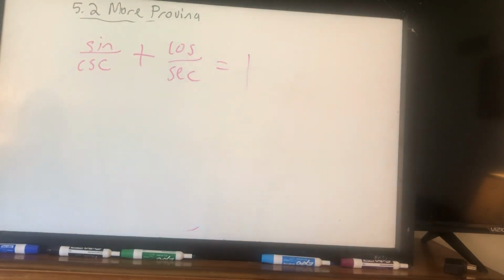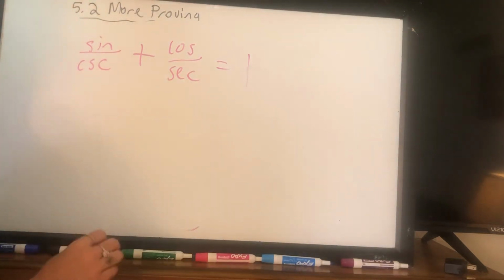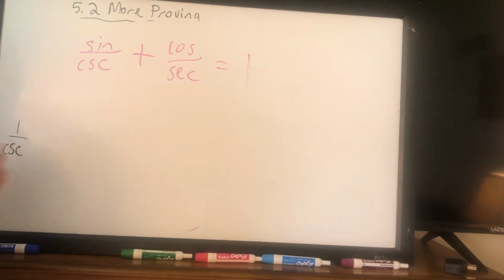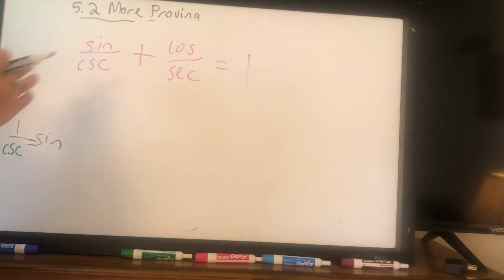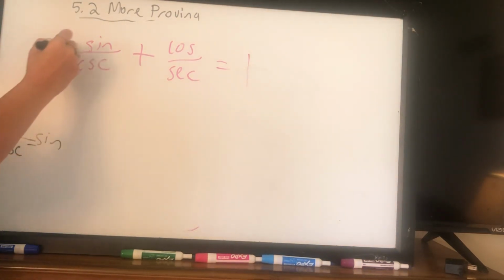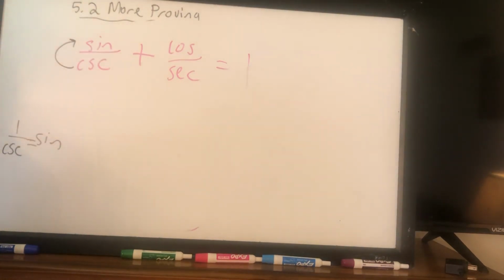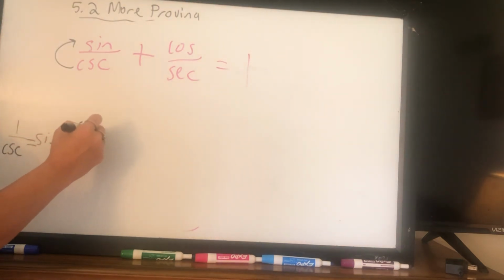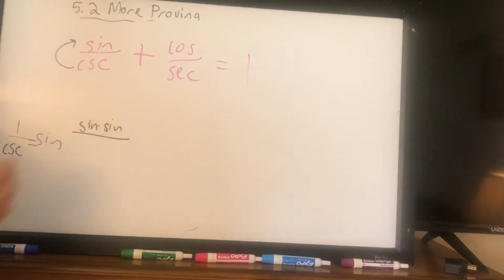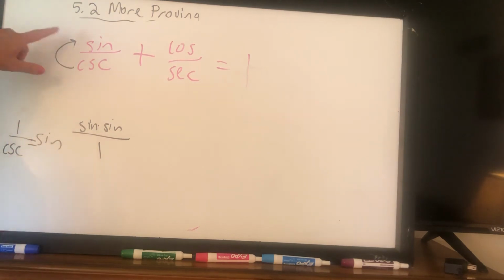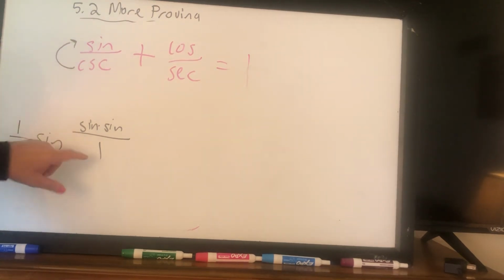Again, if we switch everything to sines and cosines, cosecant in the bottom, that's that. 1 over cosecant is the same as sine. So cosecant in the bottom is the same as a sine up top. So that becomes that. 1 over cosecant is the same as sine over 1.